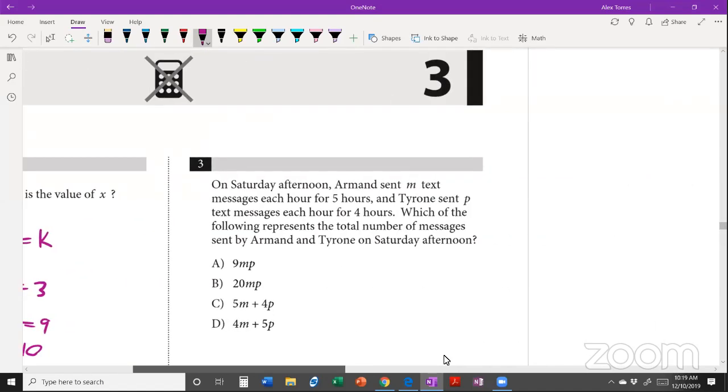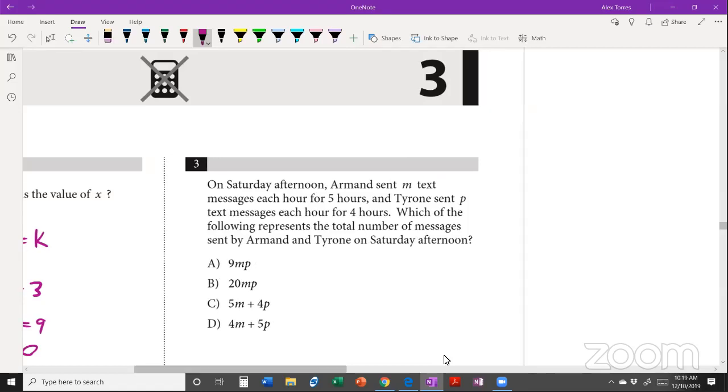Okay, number 3, Armand sent M messages each hour for 5 hours. Tyrone sent P messages each hour for 4 hours, which represents the total number of messages sent by Armand and Tyrone on Saturday afternoon. This actually seems like your price times quantity statement, PQ. Of course, we're not talking about money, but price, more than being an amount of money, is like a number that goes along with each object.